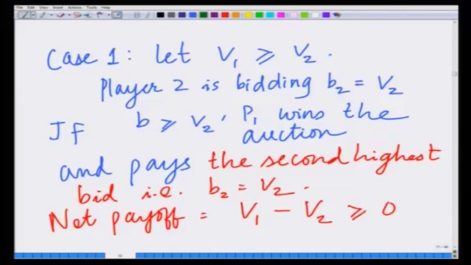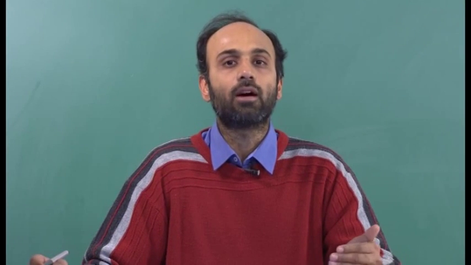And therefore, you can clearly see if he bids any bid B greater than or equal to V2, his payoff is V1 minus V2, which is positive. Therefore, any bid B greater than or equal to V2 is a best response.